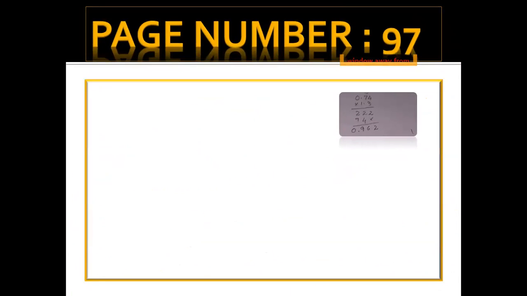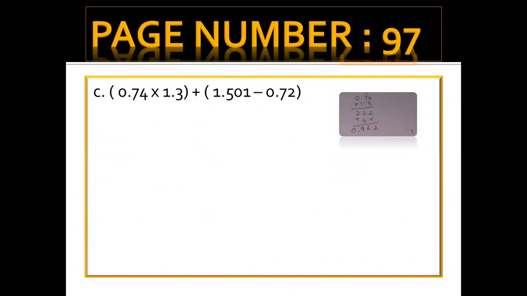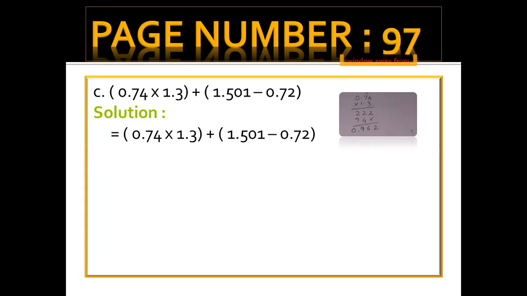Part number C, 0.74 multiply 1.3 plus 1.501 minus 0.72. Both brackets are round brackets, and in between them there is a positive sign. It means we solve 0.74 times 1.3 separately, and we separately simplify 1.501 minus 0.72.